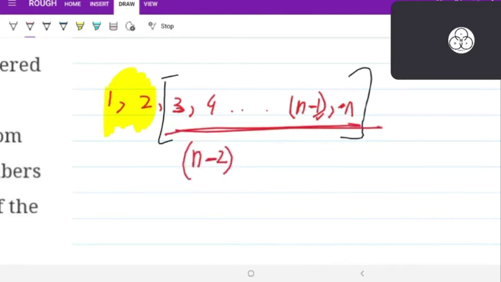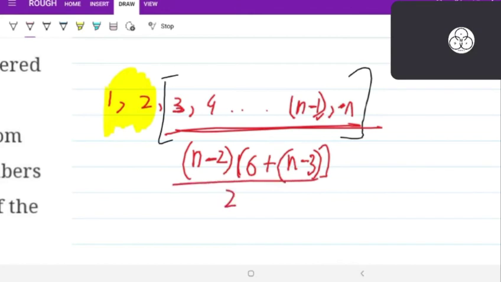The number of terms is n minus 2, so n minus 2 by 2 into 2a, that is 6, plus n minus 3 into d, right? Am I wrong? Yes, 6 plus n minus 3, d is 1 only, by 2.